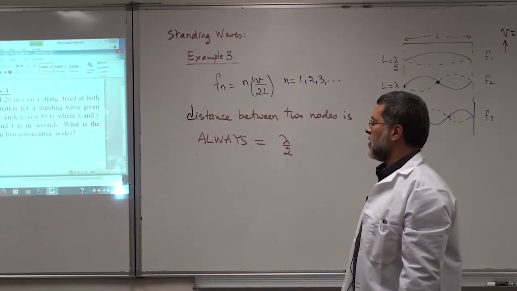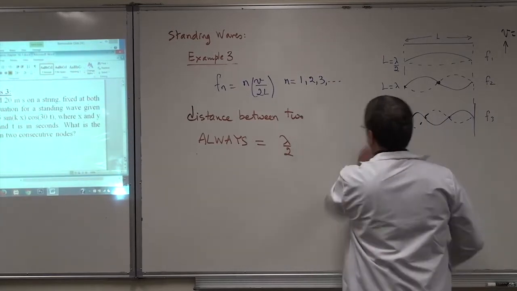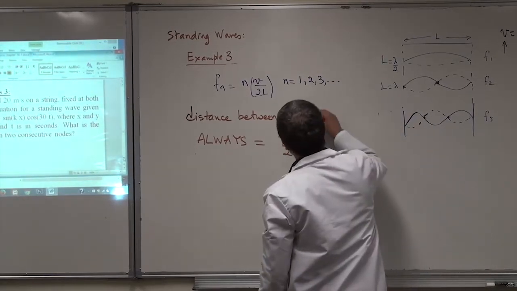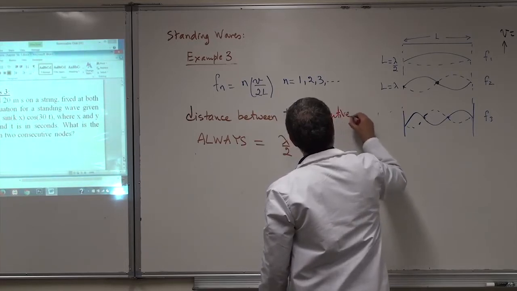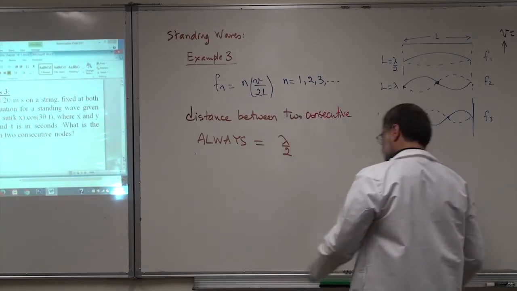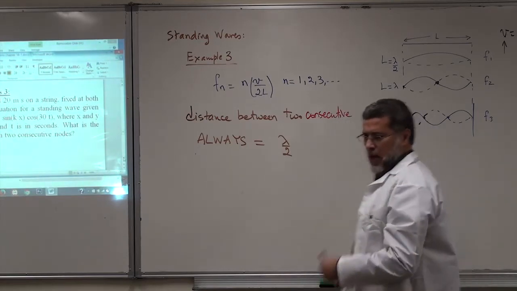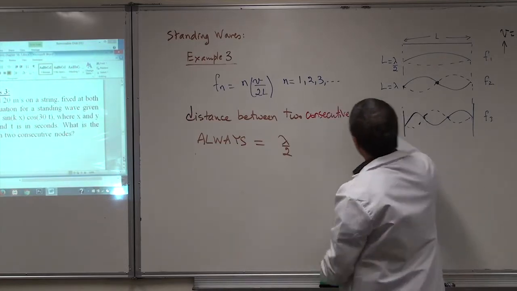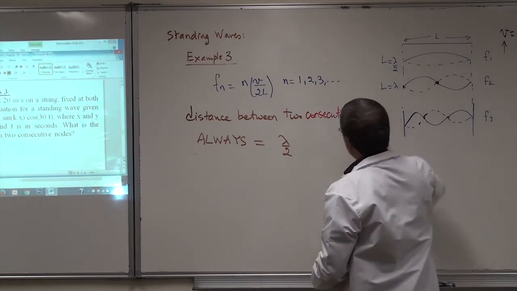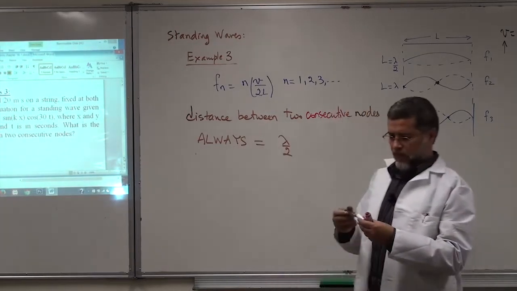Distance between 2 consecutive nodes. Let me add here the word consecutive. So I have the distance between two consecutive nodes here, and it is always lambda over 2, okay?